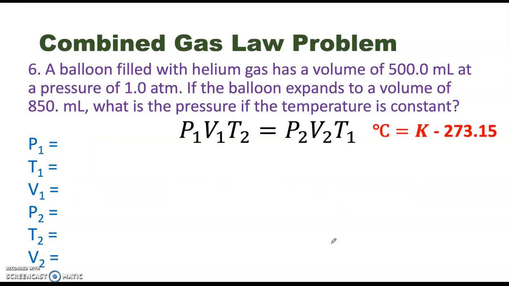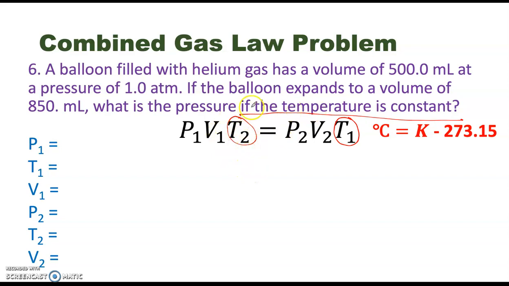Go ahead, you can take a look at this one. There is one thing I want to mention on this one before I leave this video. It says if the temperature is constant. That's really useful to me, because if my temperature doesn't change, I'm going to end up dividing the same temperature by itself and they'll cancel out.